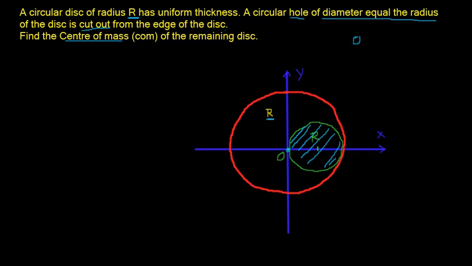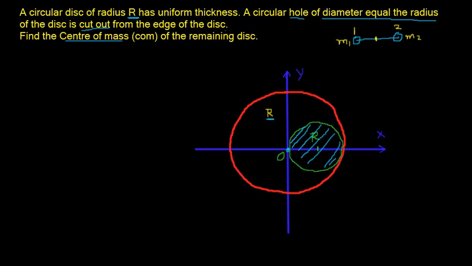We have understood that if you have a two body system, so let's say this is our two body system and this is body 1 and this is body 2. Mass of body 1 is say m1 and its mass is m2 and the center of mass is somewhere here.